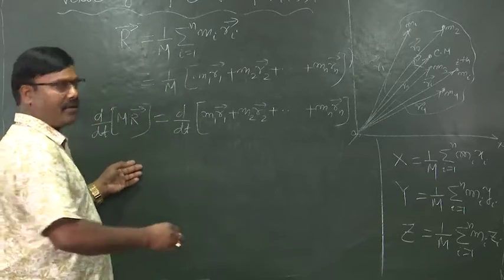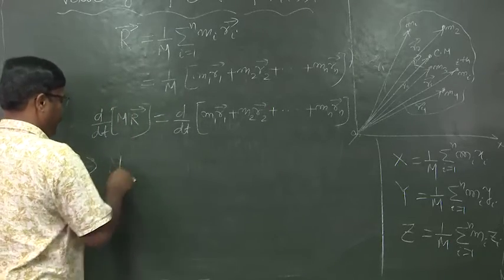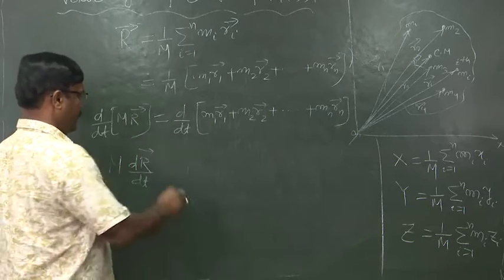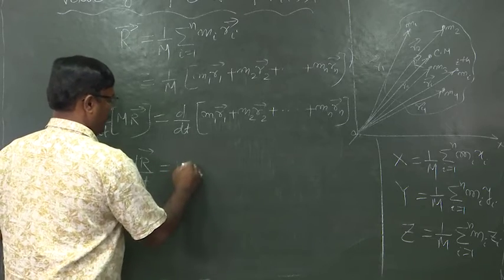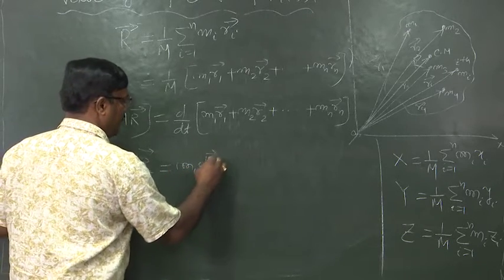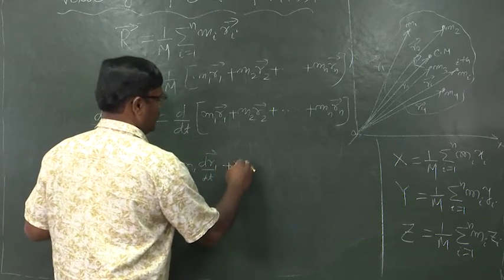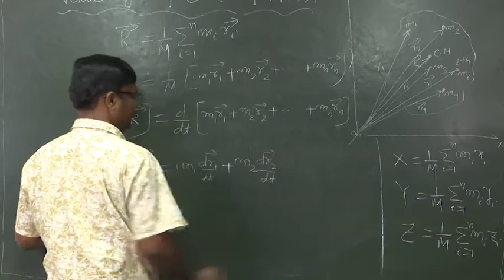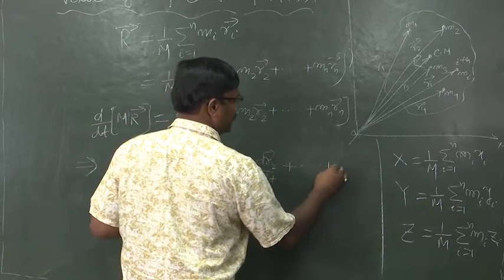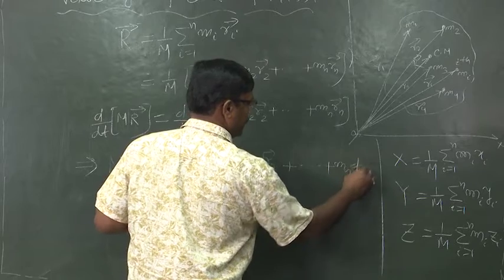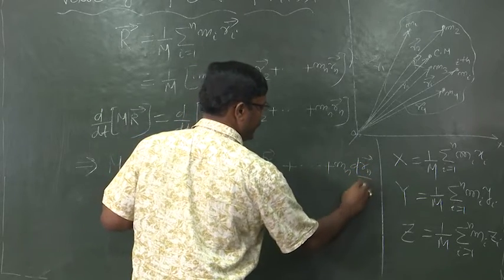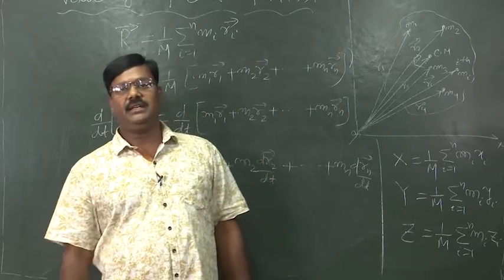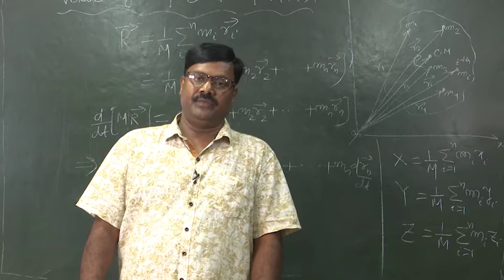Now the derivative can be obtained like this: M dR by dt is equal to m1 dr1 by dt plus m2 dr2 by dt plus up to mn drn by dt. But we know that dr by dt is the velocity.